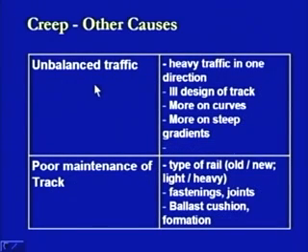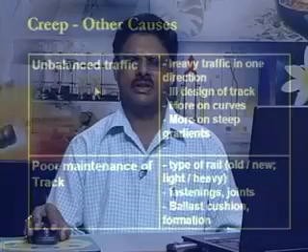One more aspect is the unbalanced traffic. Now, what happens is that on all the tracks, if we are connecting a city A with a city B, and city A is the point of production of certain commodities and city B is the point of consumption of those commodities, then there will be a flow of these commodities from city A to city B. In that case, the freight moved through the rolling stock will be much heavier in the direction from A to B, whereas for movement from B to A, if there is no commodity which needs to be transferred back, it will come as empty load.